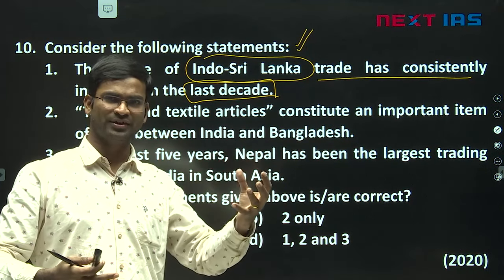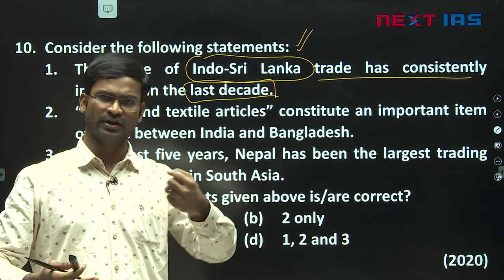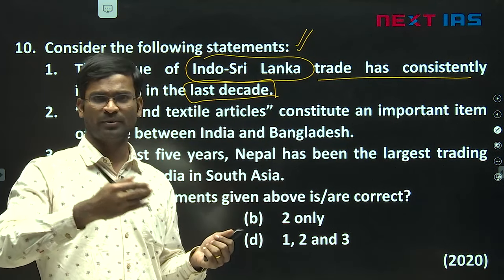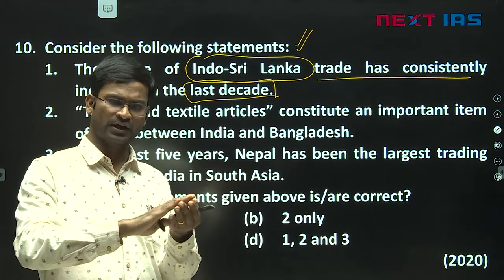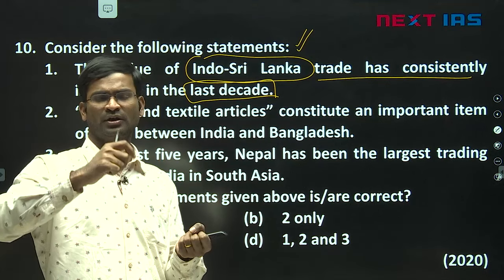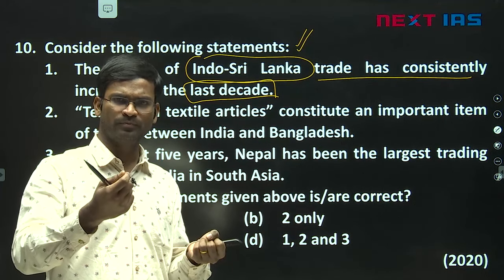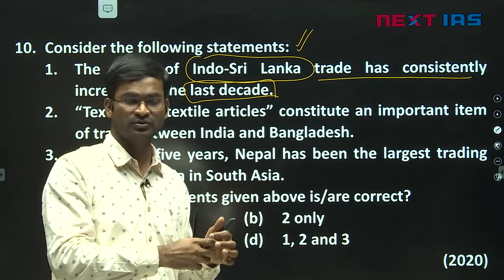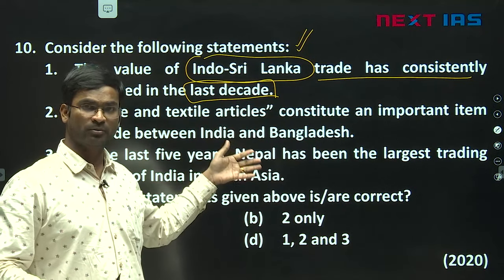So whenever there are changes in surrounding countries like SAARC countries, you have to track. Then America and Europe, the major economic partners, we can track. So here again it is from the Economic Survey.